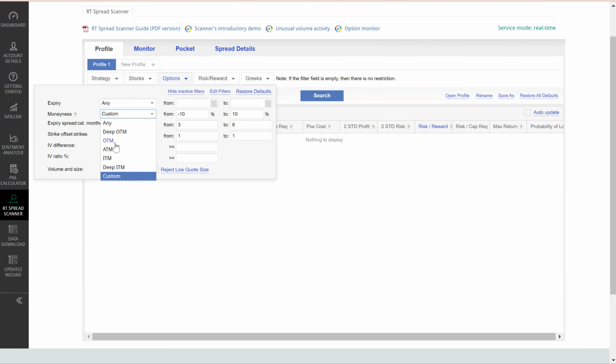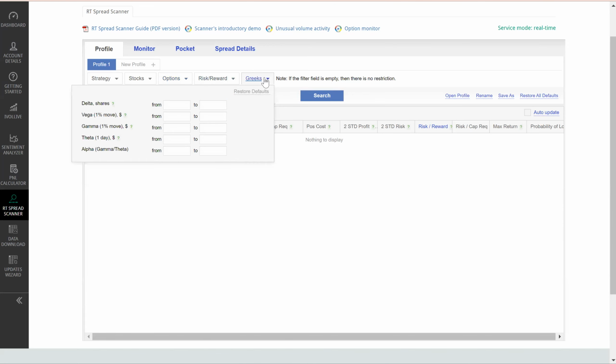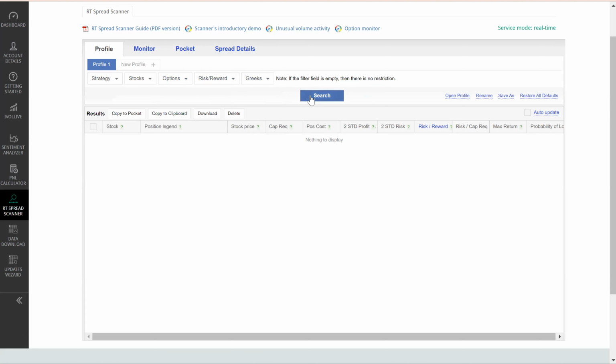See what it skews towards. And then let's do at the money here. And then we can leave this blank so we can see the results. See all it has to offer us. Risk, reward, and Greeks, we'll leave those blank as well. And then hit search. And then we'll see what our system likes for Netflix.